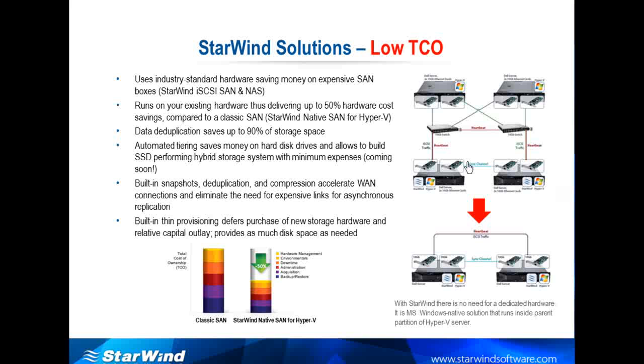And what I was talking about, cutting down expenses by 50%, is the native SAN configuration that you can see on the diagram below. This configuration supports only Microsoft users, Hyper-V users, and for example SQL Server users. Basically, you are installing StarWind on the same partition where the operating system with Hyper-V is installed. So you don't need to spend money on additional servers. You don't need to spend money on additional switches.